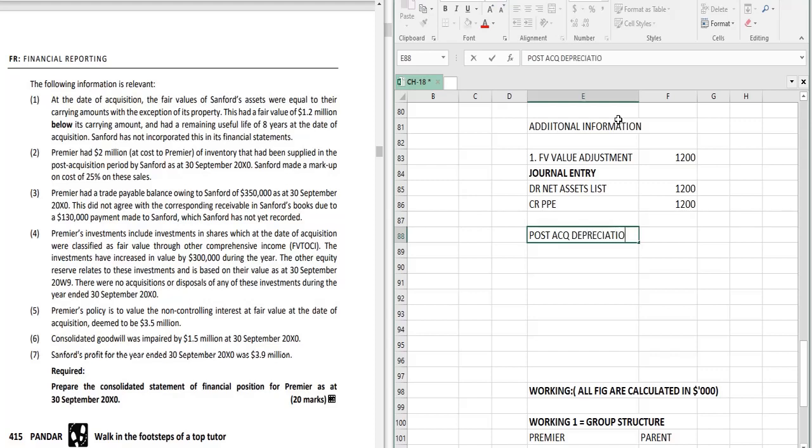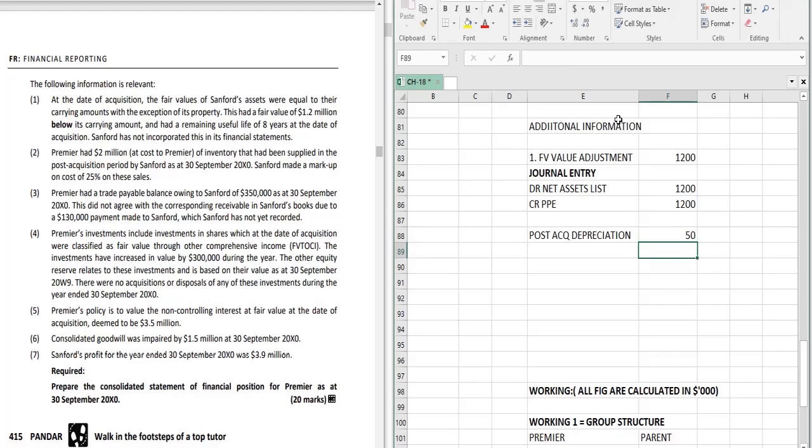Okay, so depreciation, the additional information has given us the remaining life as well. So we will just divide it by 8, and the time since acquisition is 4 months, so we will multiply it by 4 by 12. So post acquisition depreciation is 50.